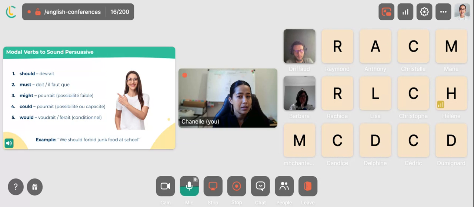Should helps us advise someone on what to do. Must is more of an obligation. Might, it's about possibility. Could is another verb of possibility or capacity. And then would is talking about the conditional. So these are verbs that can help one sound more persuasive.